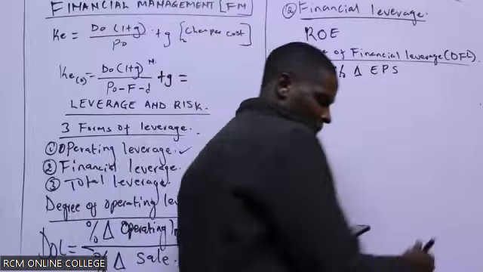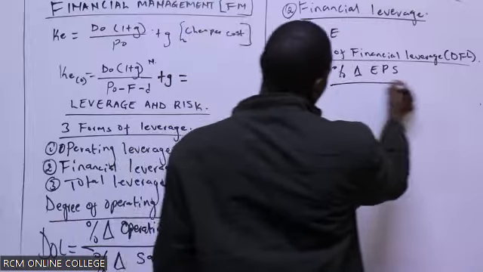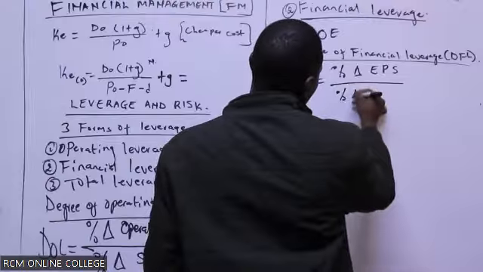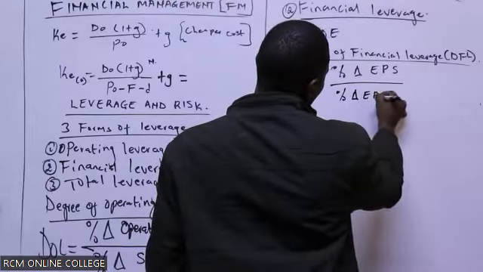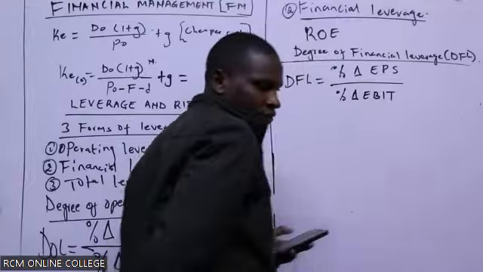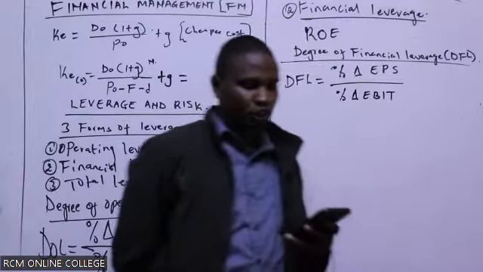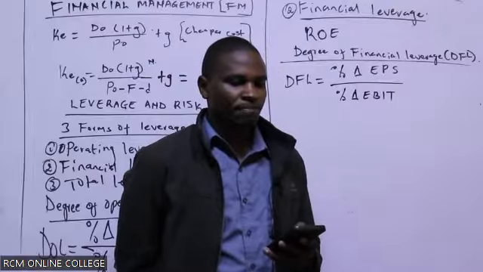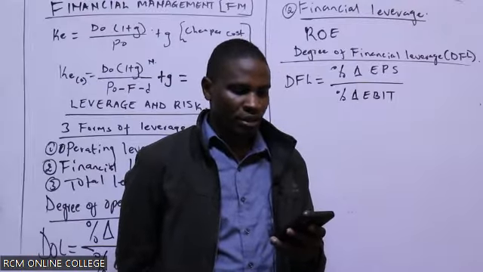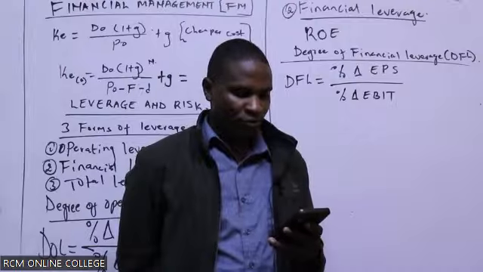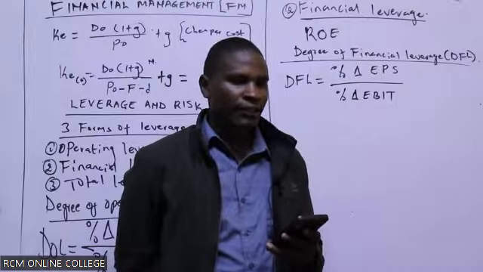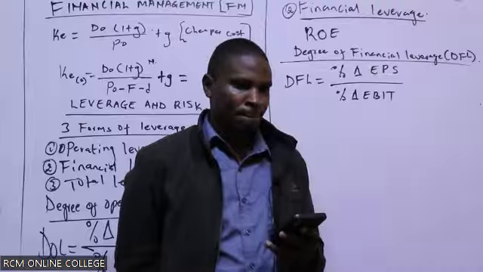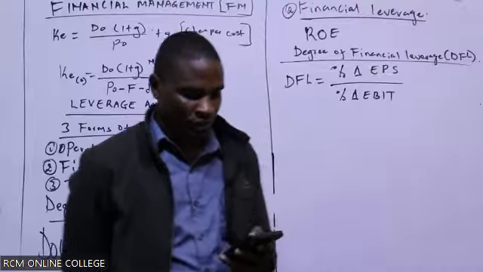Divided by the percentage change in earning before interest and tax. Earning before what? Interest and tax.